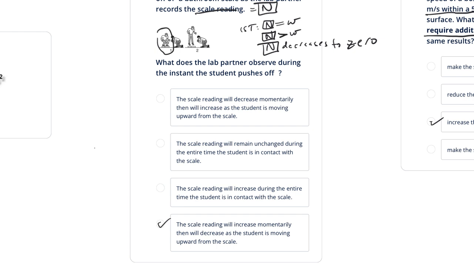Okay, number 10. Here's a block sliding across the table at a constant speed. All forces are shown except the friction force. I'm assuming it's going to the right, and that the friction is pointing in the opposite direction. What is the size of the frictional force on the block? Well, if it's going constant speed, the vertical forces cancel out.